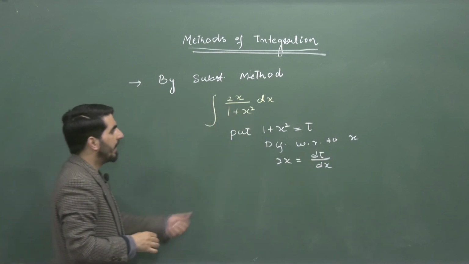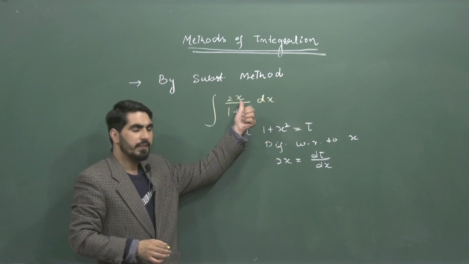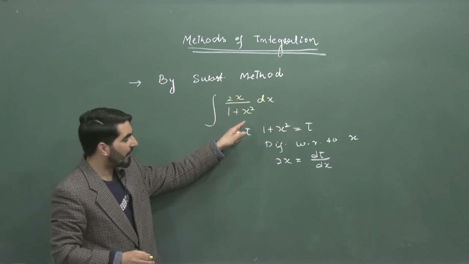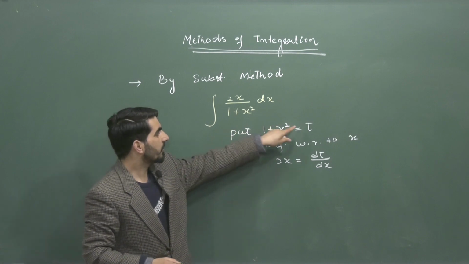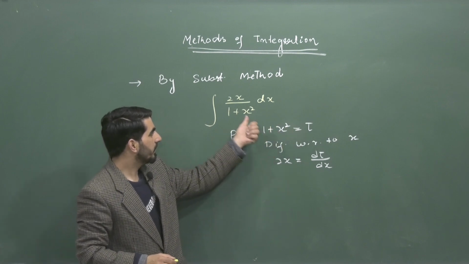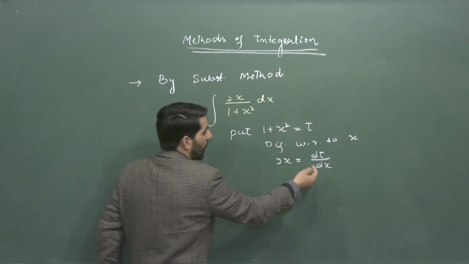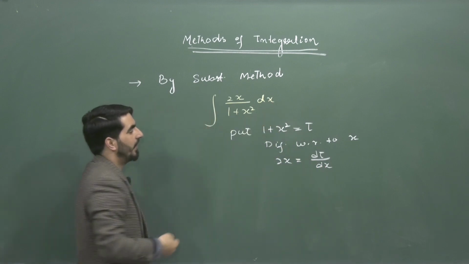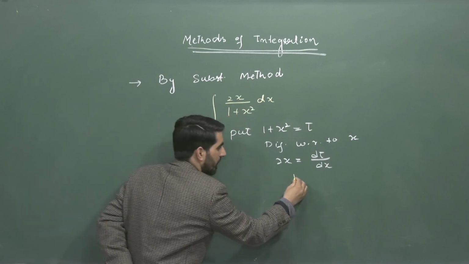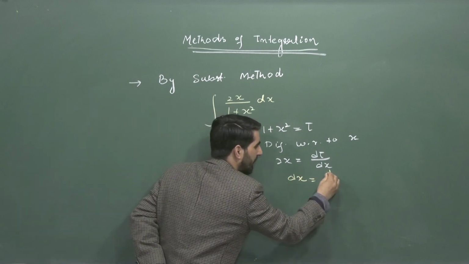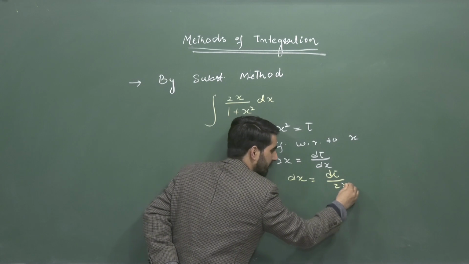Now I am changing this function, which is in the form of x, into terms of t. I am changing the variable x to t so that we can find the value of dx. So dx is equal to dt divided by 2x.